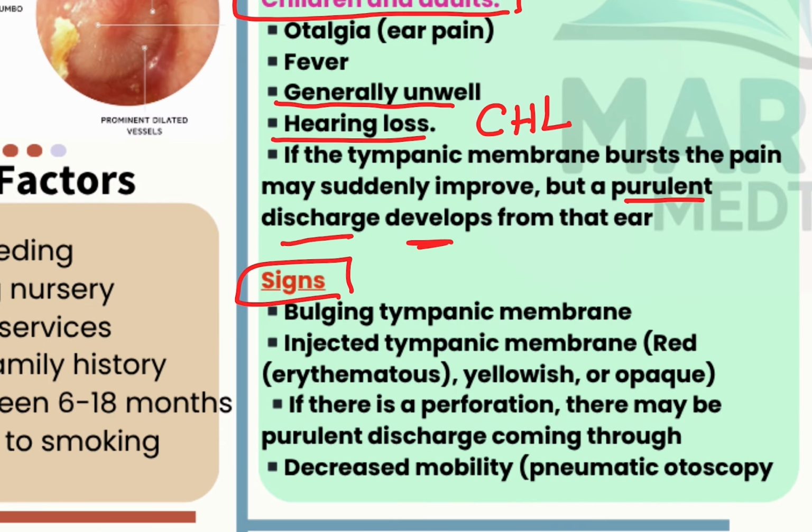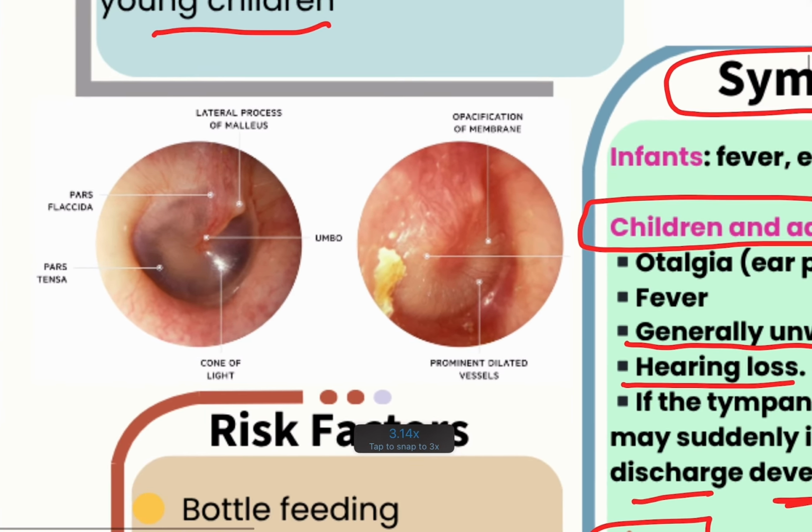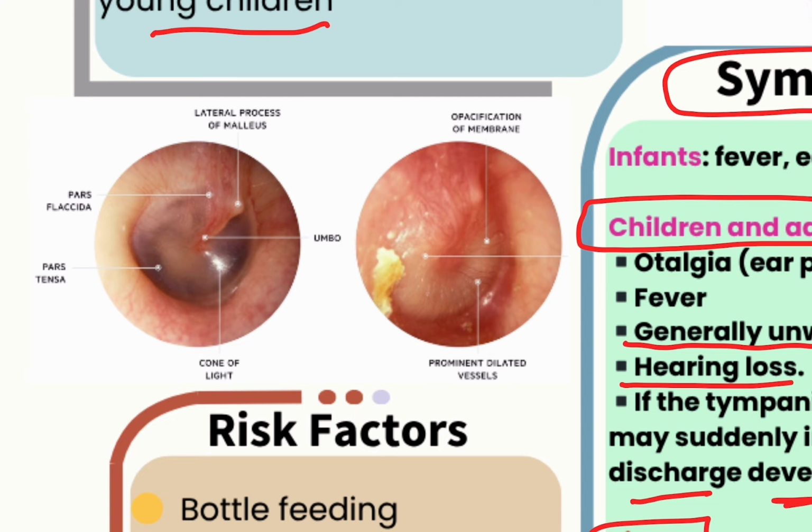Signs. Before we discuss the signs of acute otitis media, it's important to understand the normal anatomy and otoscopic features of the normal ear. So here, let's take a look. This is an otoscopic view of the right tympanic membrane.